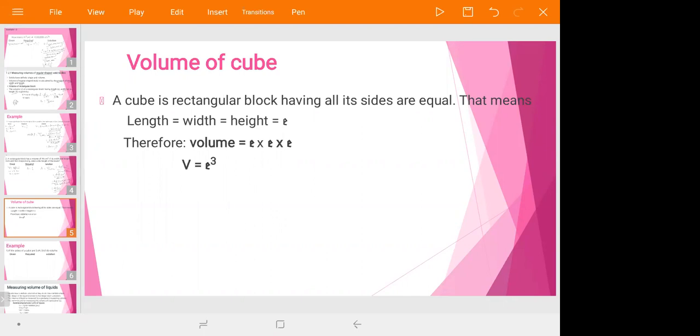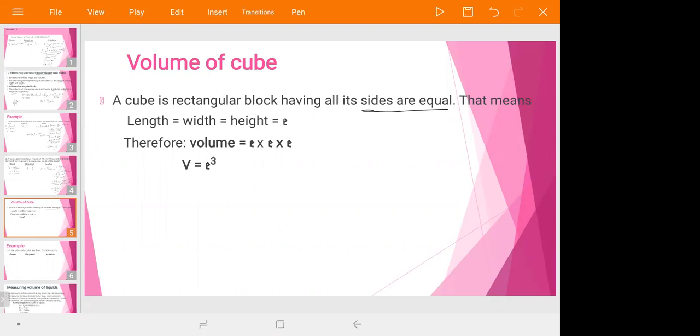Cube means a rectangular block having all its sides equal. That means if its height is given, its length and width are also given because they are equal. Therefore, volume is equal to length times length times length, or height times height times height, or width times width times width, in order to calculate the volume of a cube.